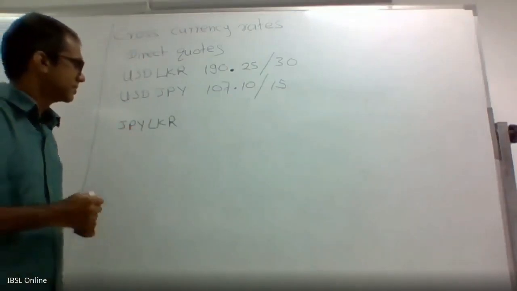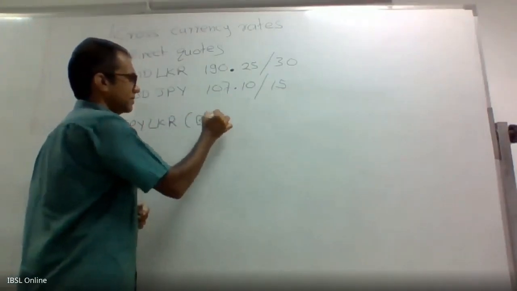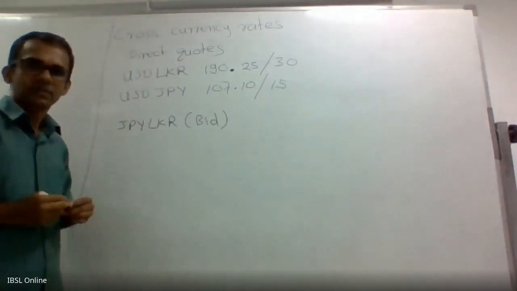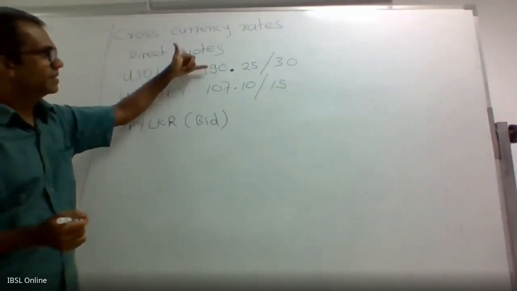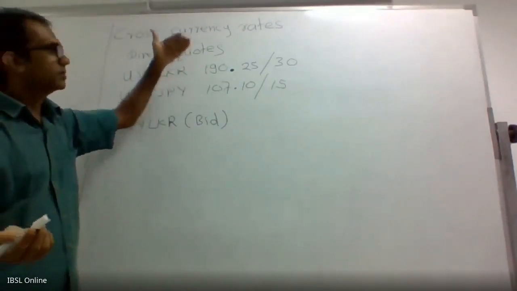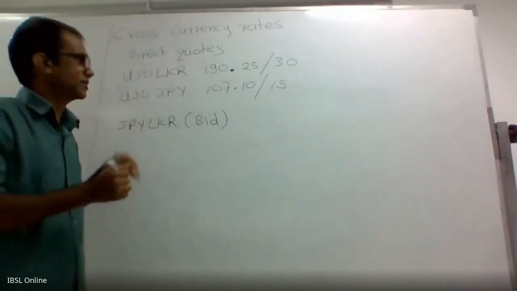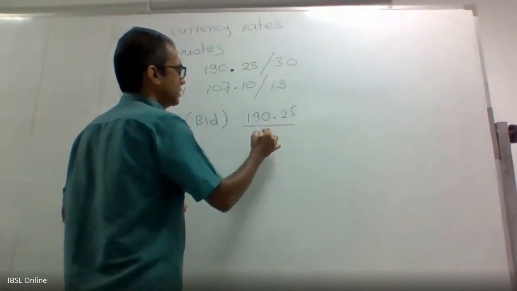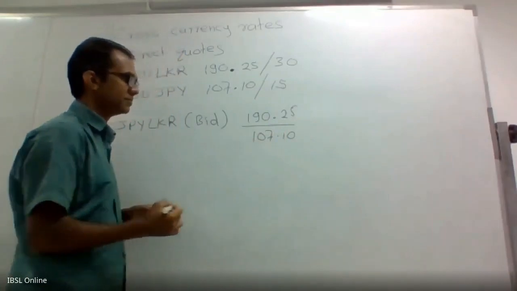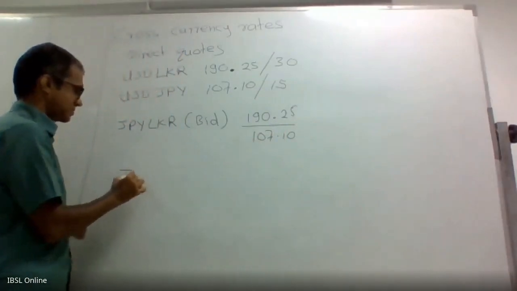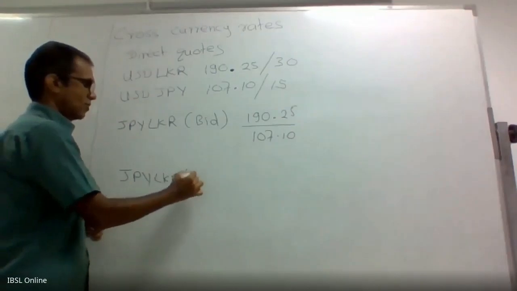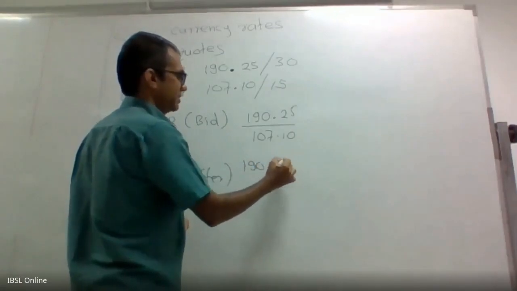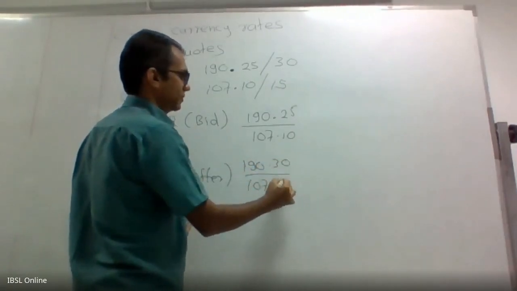Now, how do you find the bid of the yen LKR rate? What would happen if you divide, following the rule, weaker currency divided by the stronger currency? 190.25 divided by 107.10, and offer 190.30 divided by 107.15.